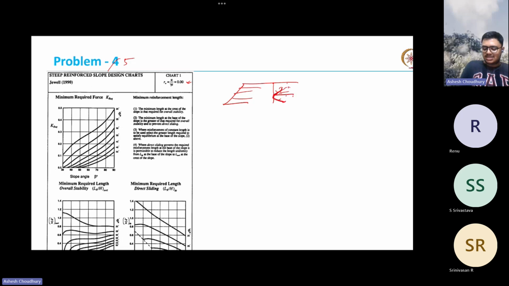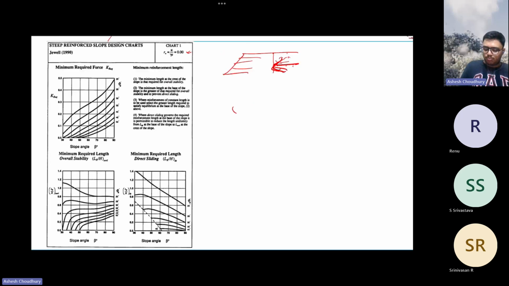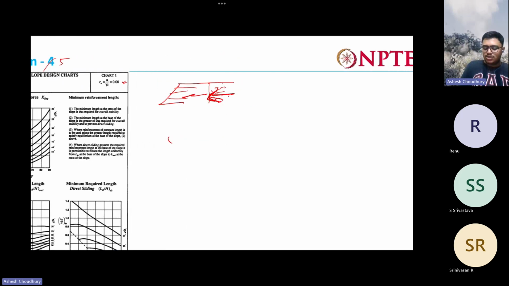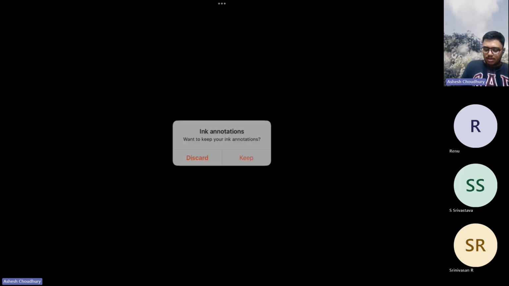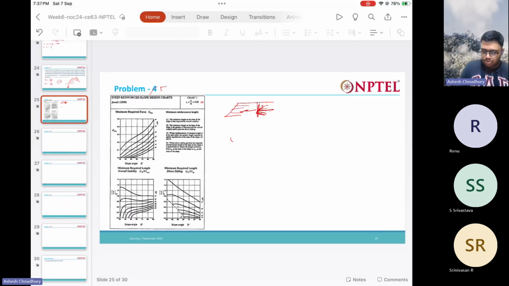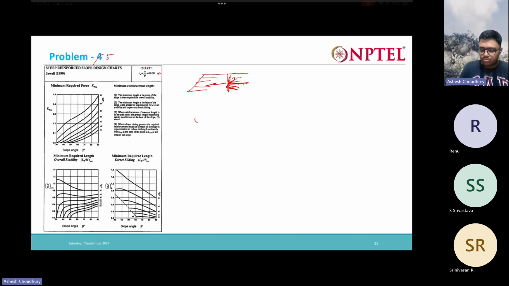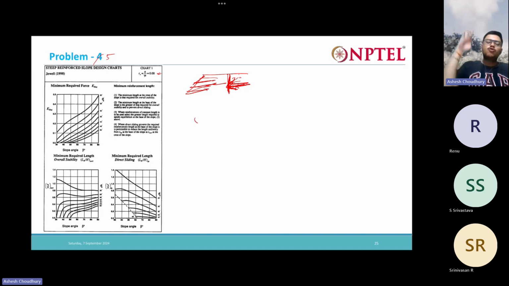This soil is giving some lateral earth pressure to the slope. So we need to ensure that due to the lateral thrust coming from this backfill, the reinforced slope does not completely slide directly due to the lateral force coming from this soil.